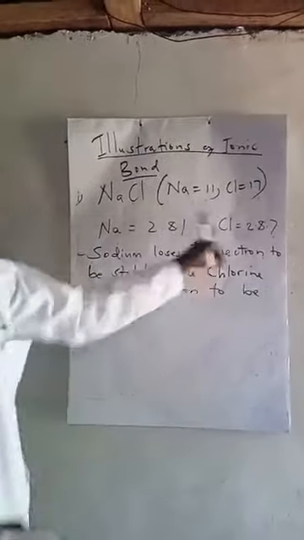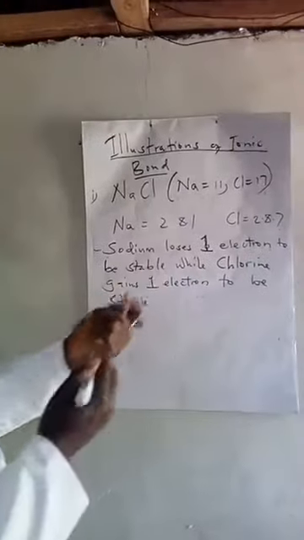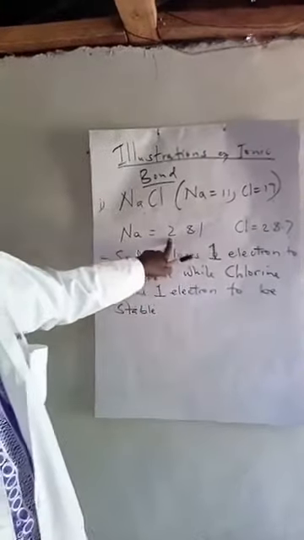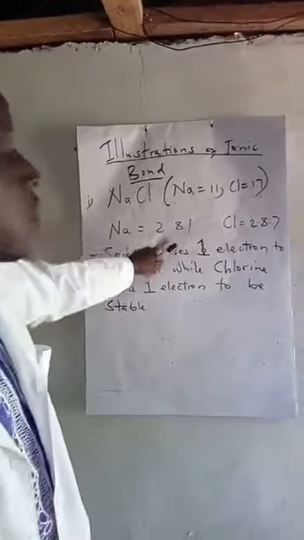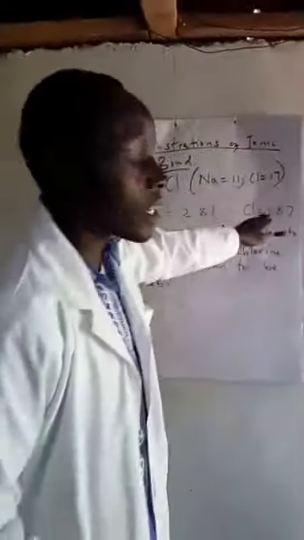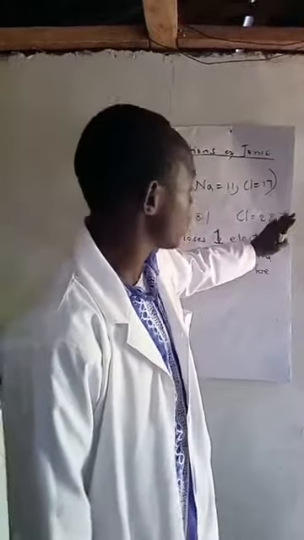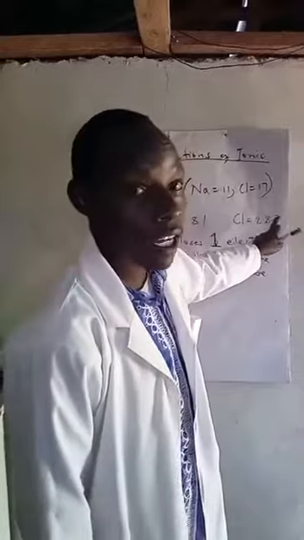In order for sodium to be stable, it loses one electron. When it loses one electron, it attains the stability of the noble gases, that is 2,8. When chlorine gains one electron, it attains the stable electron configuration, which is 2,8,8.